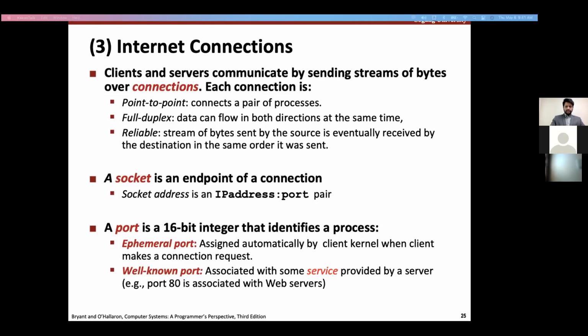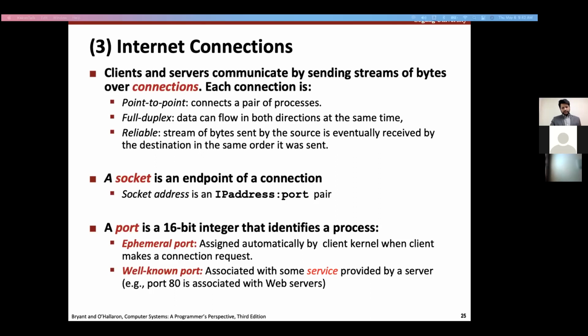at the same time, simultaneously. And it is reliable in the sense that, barring some catastrophic or natural disaster failure, such as the cable being cut by the proverbial careless operator dealing with those cables, the stream of bytes sent by the source process is eventually received by the destination process in the same order.